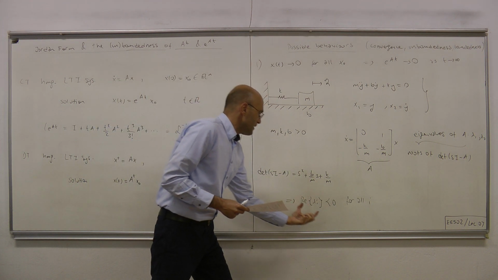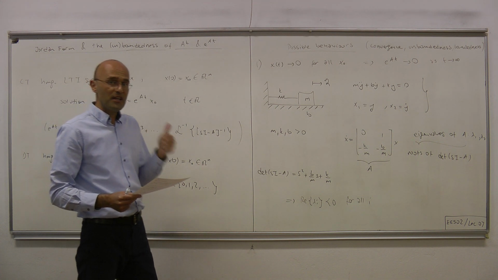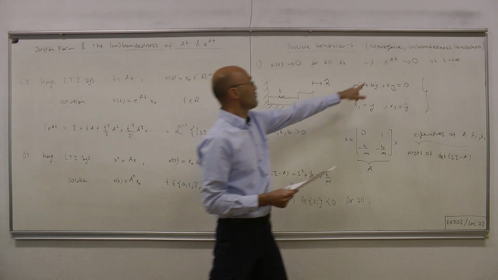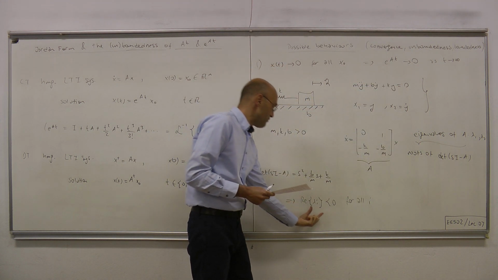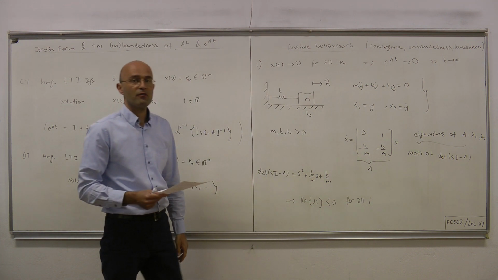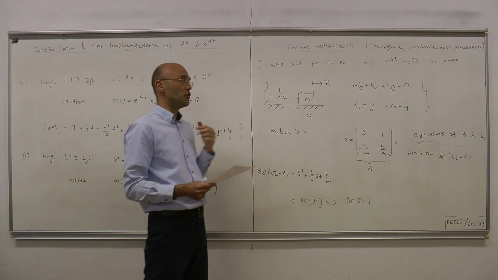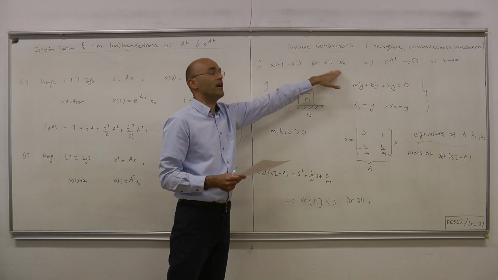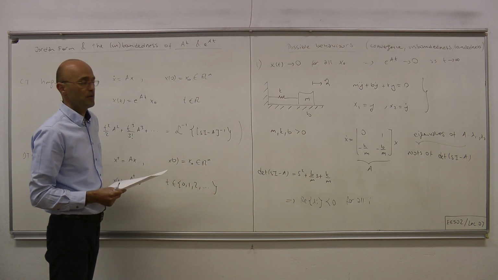Now, it turns out that this condition is both necessary and sufficient in the general case for e to the A t to converge to 0. In other words, if this is satisfied for a given homogeneous system, I'm talking about the continuous time case, then all the solutions, starting from all possible initial conditions, will converge to 0.